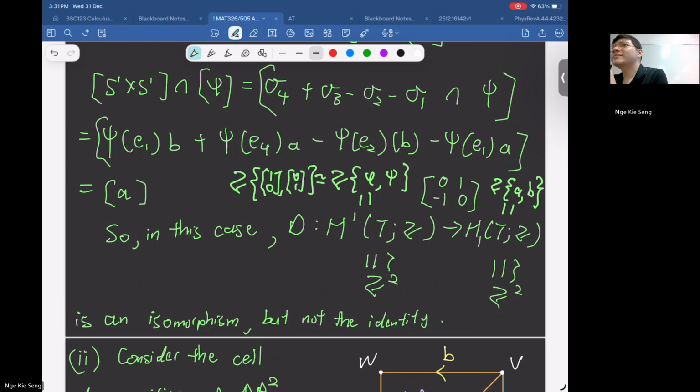Oh, I mean if you want to change the basis, instead of AB, maybe you become BA. Then your matrix will become 1, 0, 0, minus 1. It's not an identity, there's a negative thing. Okay. So far, okay?